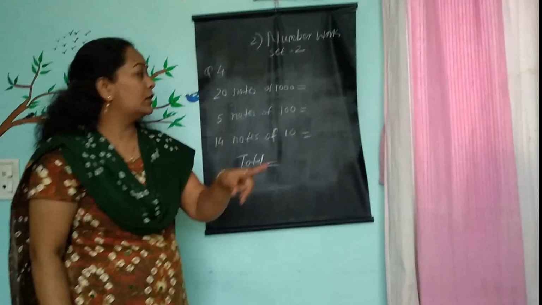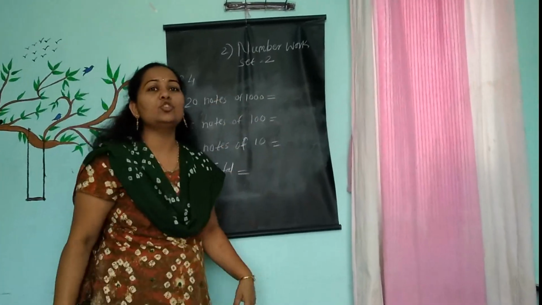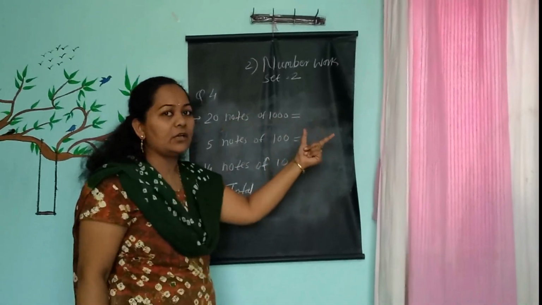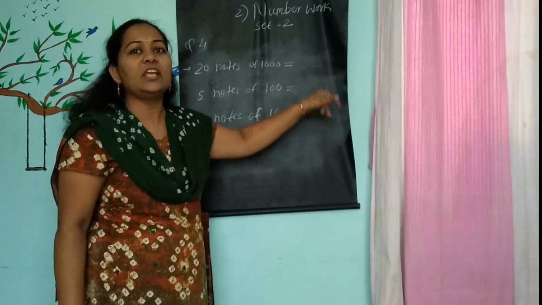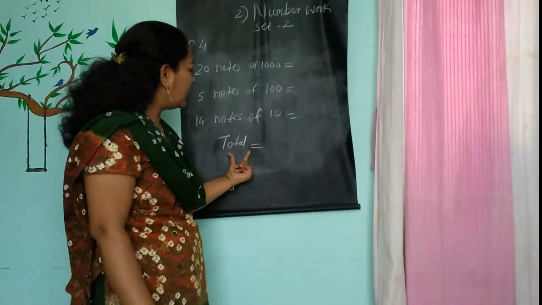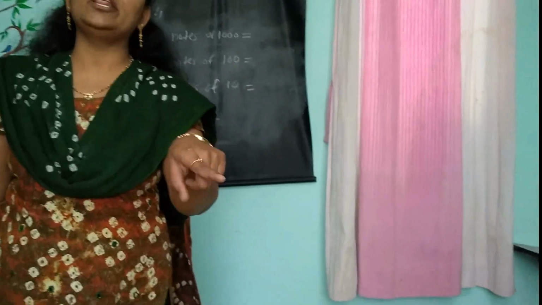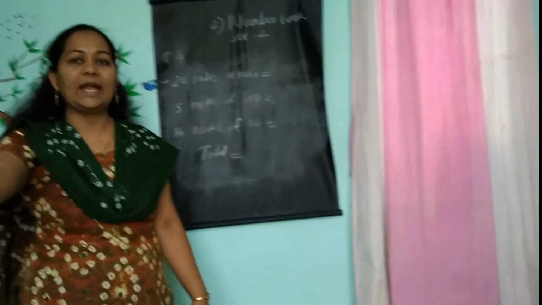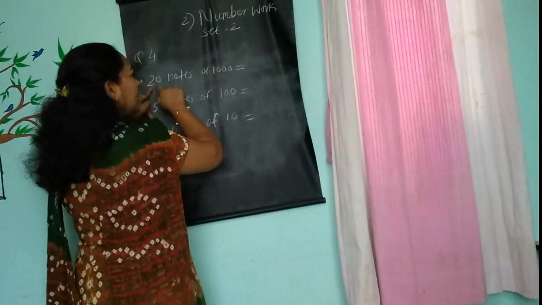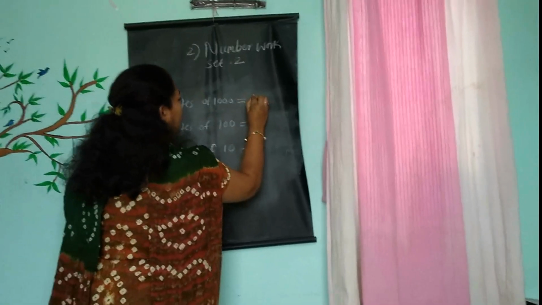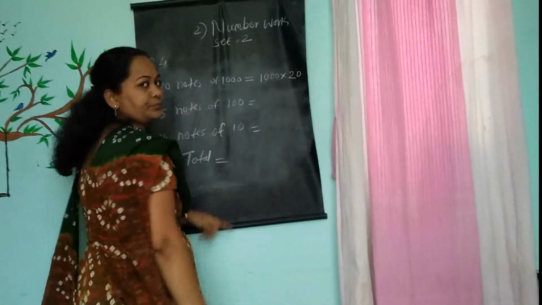So first, how to write the answer? We have to convert each kind of note into rupees, and finally after getting the 3 amounts, we add them to get the last answer of how many rupees they make. So 20 notes of 1000: you write 1000 multiplied by 20.